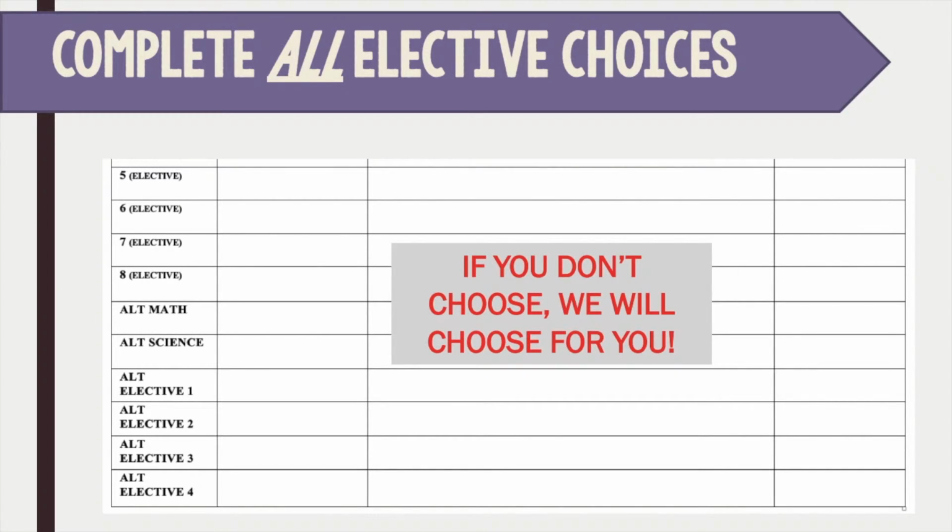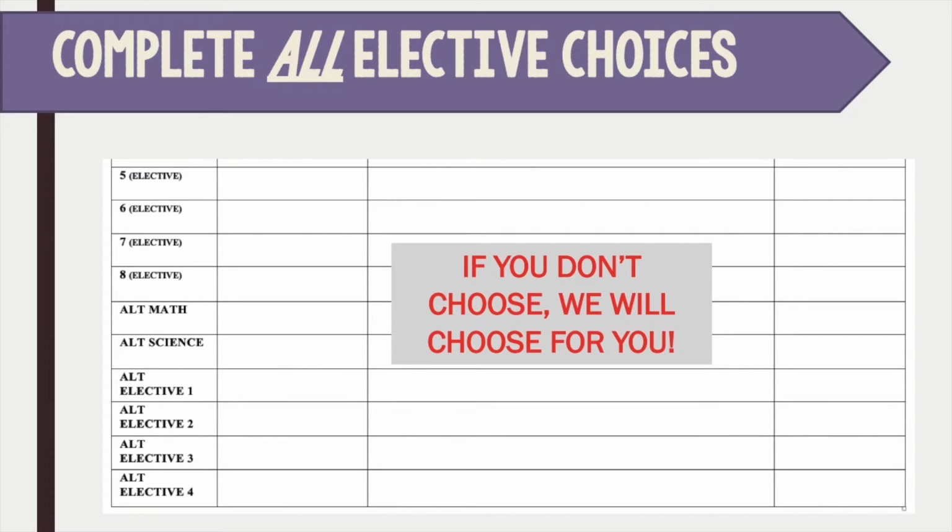We want you to pick 4 electives, and you can find a list of those on that colored form that you have. So we need you to pick 4 that you really want to take for sure. And then you'll notice that there's also 4 spots for alternate elective choices.